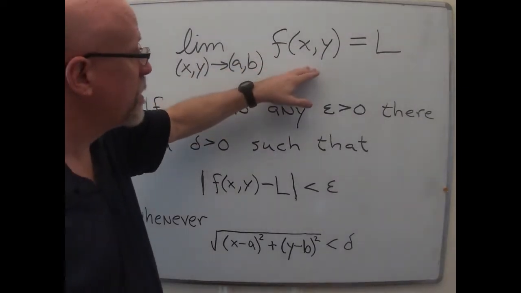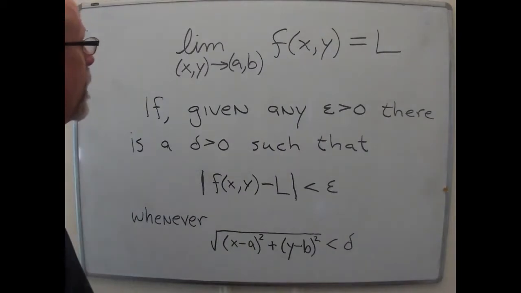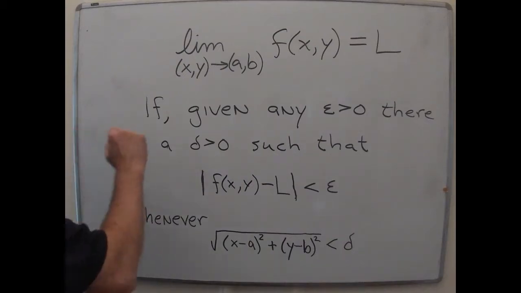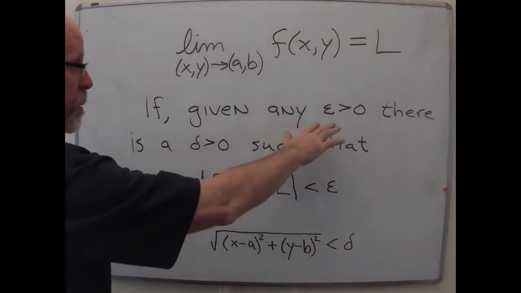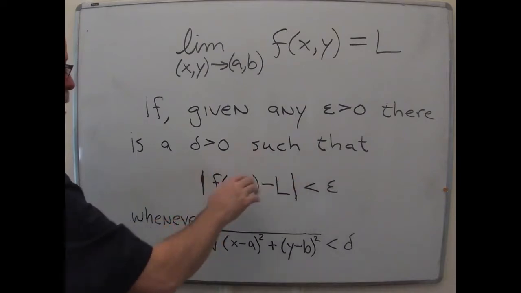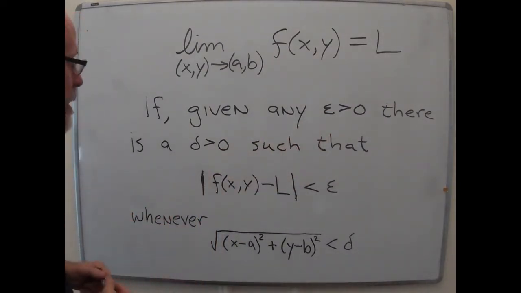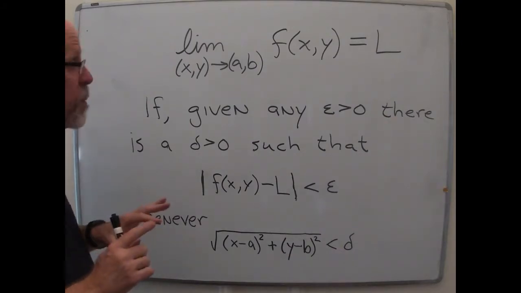And if this limit exists and is equal to L, well, this is the definition of when such a thing happens. Given any epsilon, there is a delta such that, and both of these need to be positive numbers because they're interpreted as distances, but definitely think of them as being tiny.